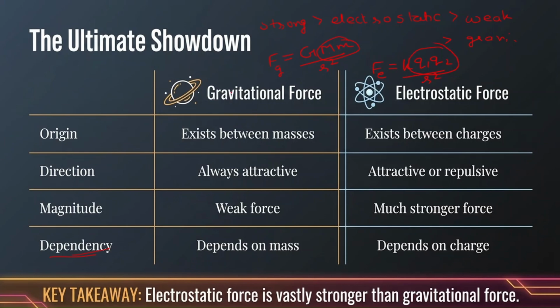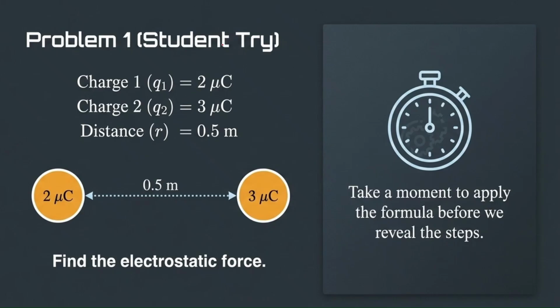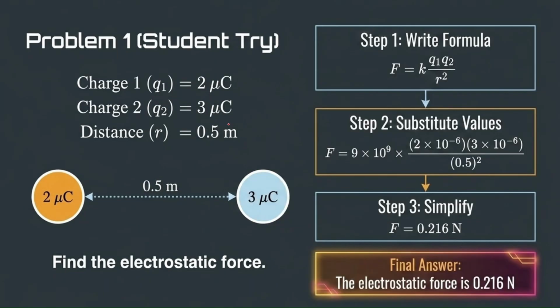Now, let's go. From the formula which I gave earlier, F is equal to K Q1 Q2 upon R square. Use this formula and find the force. Before going on, I will do an example now.